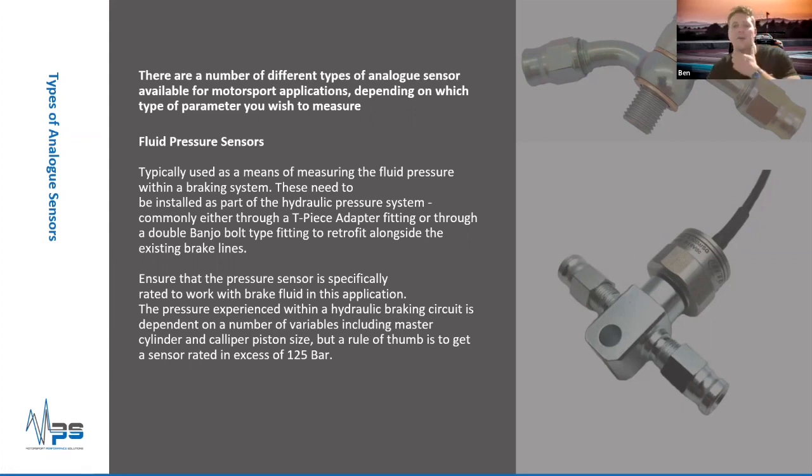So there are a couple of options. It sounds quite daunting if you're not too mechanically minded, but if you do it properly, they are safe and proven, and it's what the majority of the customer race cars you see are driving around with at the minute.